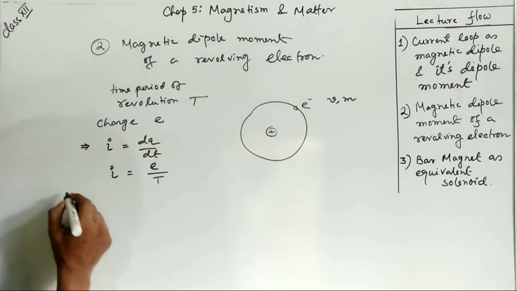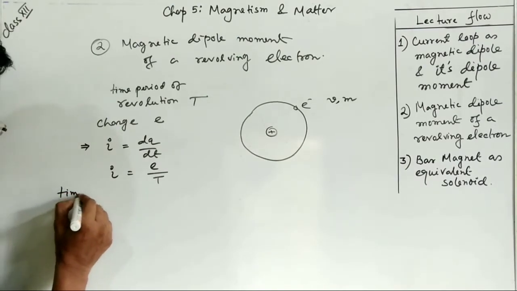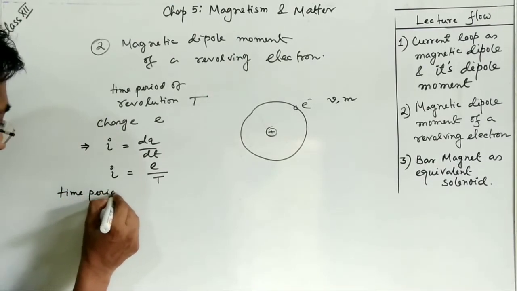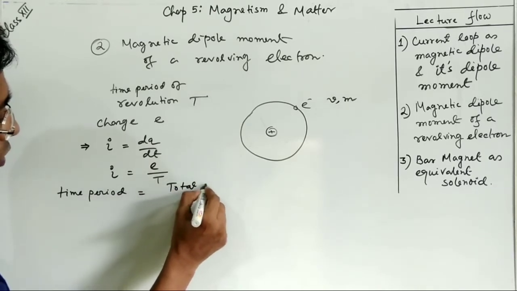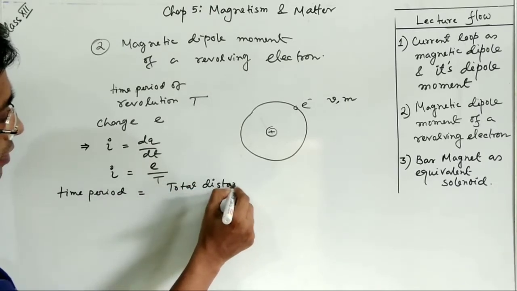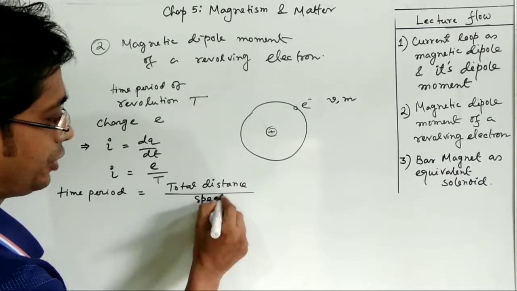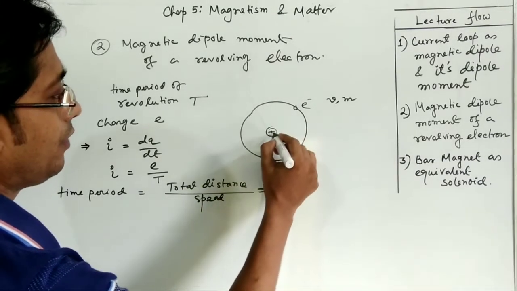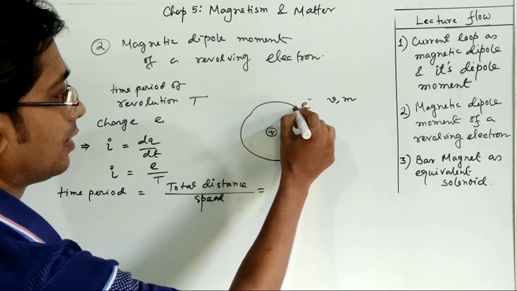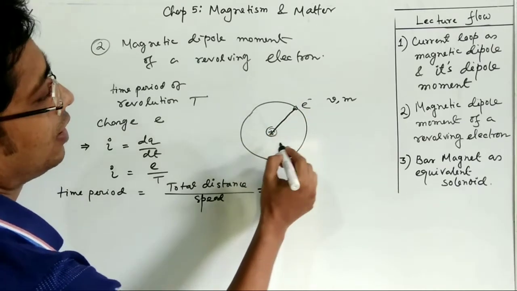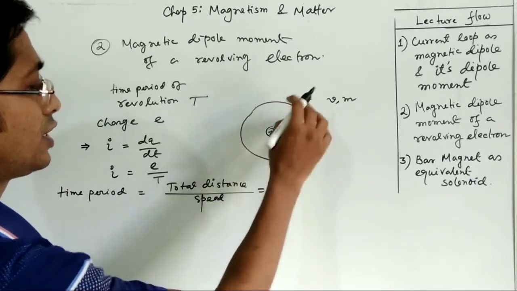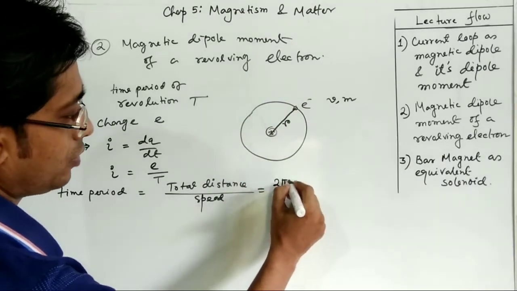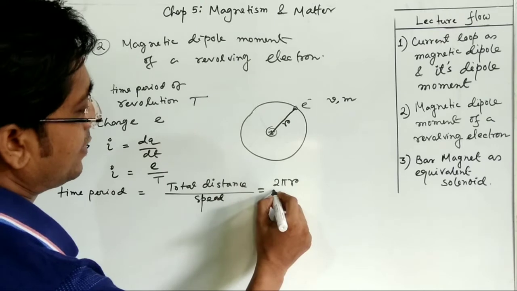Okay, we also know the time period is total distance by speed. If from the center of the nucleus the electron has the distance r, that is the radius of revolution, then the total distance will be 2 pi r because it describes a circle.